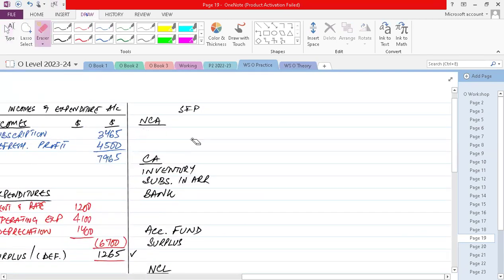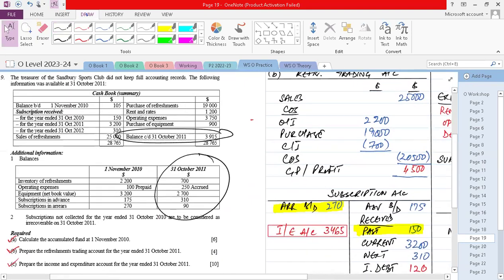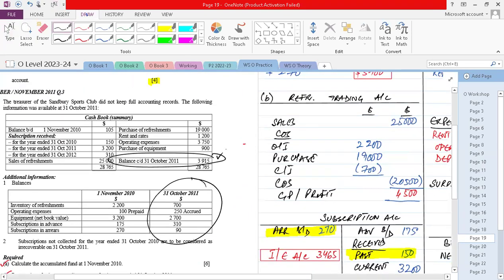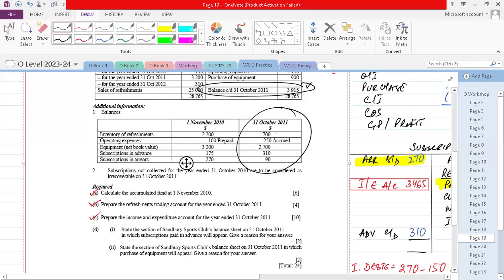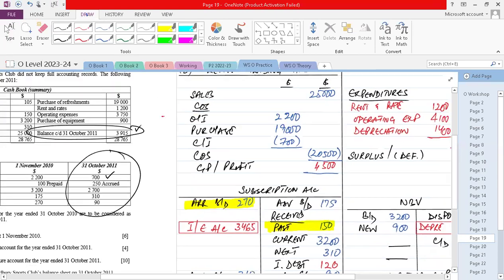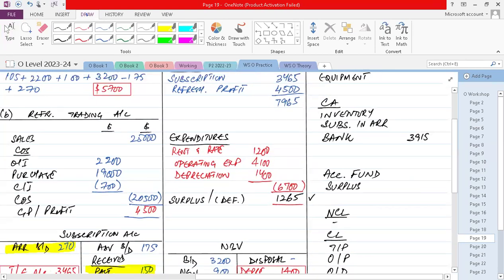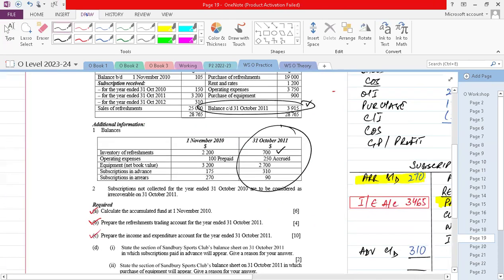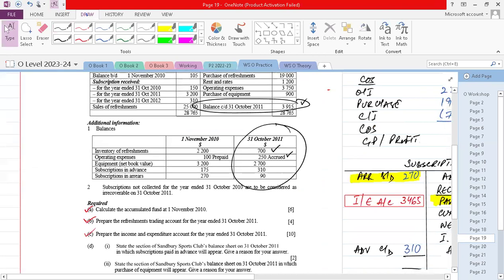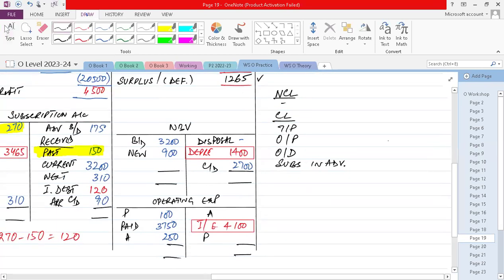Instead of fixtures, we have equipment. It is additional, it is not required. Equipment value, let me put them one by one. Bank value 3,915, asset. Inventory, ending inventory 700. Accrued operating expenses 250.